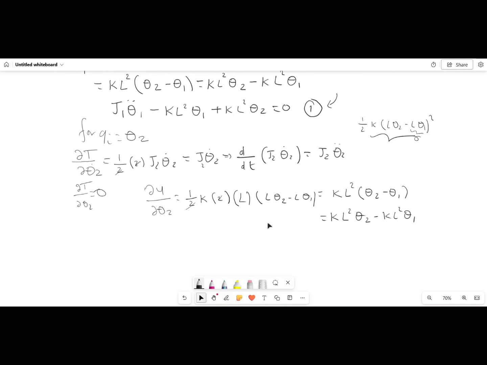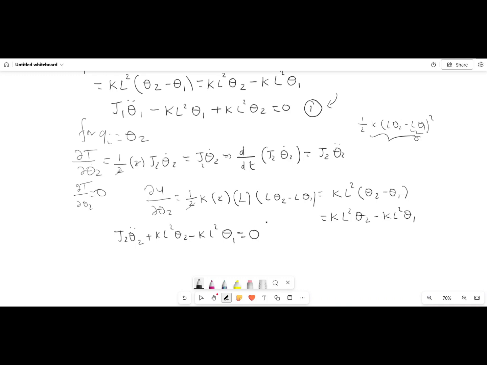Now we can recall this to write equation 2, which is going to be J2 theta double dot 2 plus kL squared theta 2 minus kL squared theta 1 to be equal to 0.